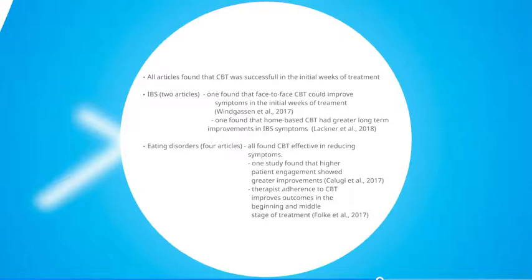In regards to bulimia specifically, improvements such as better eating attitudes and reduced binging, vomiting, laxative behaviours, and depression were seen in all articles. However, one study also found that patient engagement played a role in this reduction of symptoms, where patients that were effectively engaged in CBT reported greater short-term and long-term improvements.